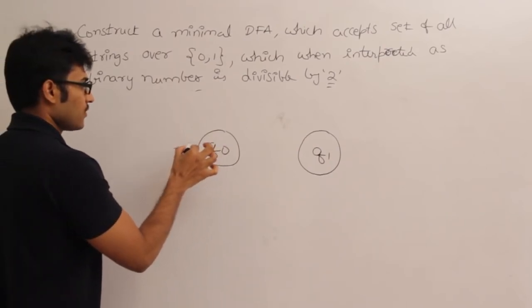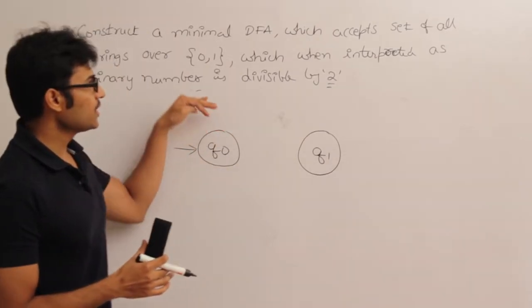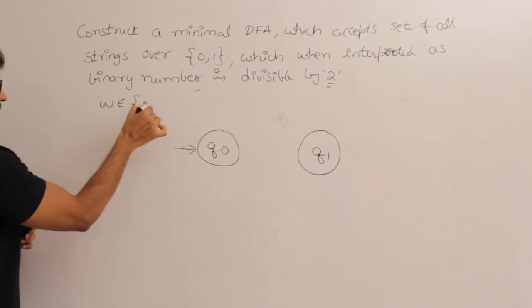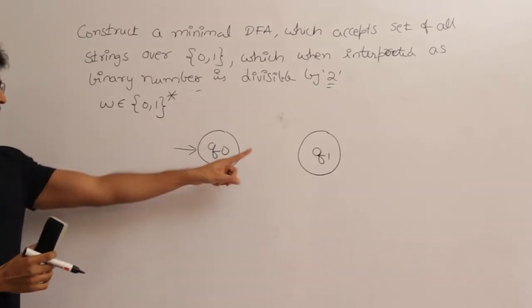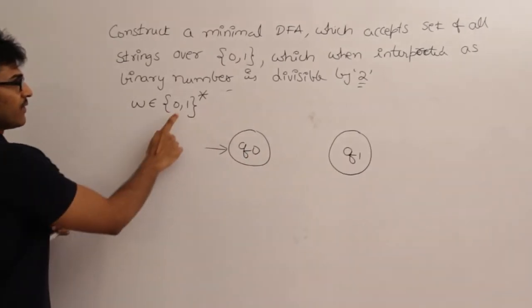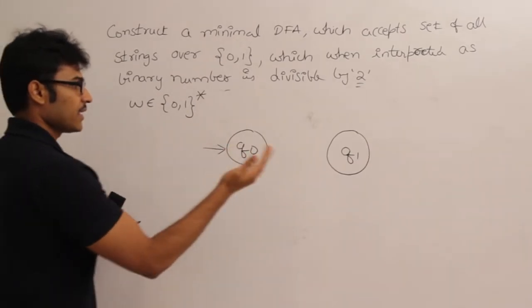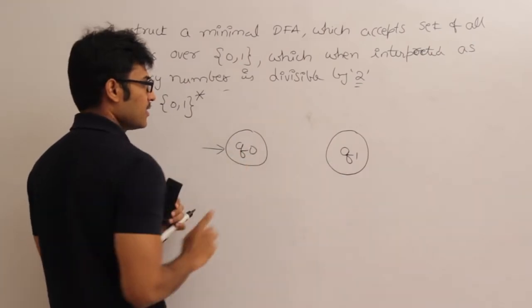Now let us start with this. So this is the basic way. I can classify all the binary numbers into 2 classes. One is when divided by 2, they will generate 0 as the remainder, and the other class is when divided by 2, they will generate 1 as the remainder.